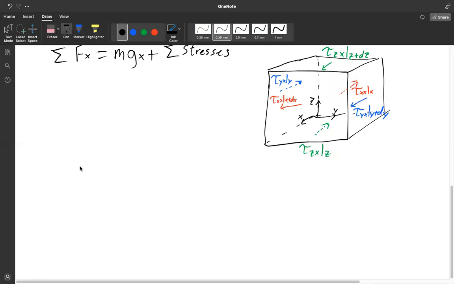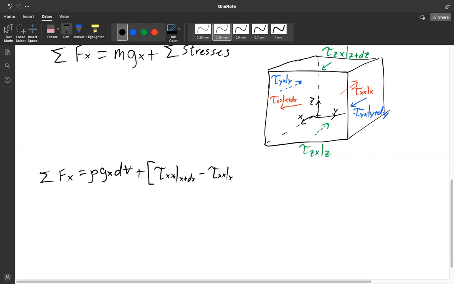So for f of x, the sum of the forces in the x direction will equal rho gx dv plus tau xx at x plus dx minus tau xx at x.